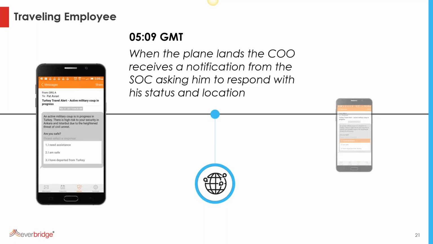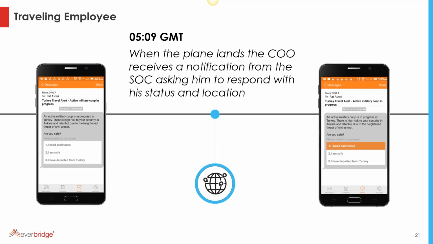Me, as the security operations person, I'll be able to send a notification to my COO and ask if they need any assistance. Let them know that there is a coup happening. Do you need any assistance? And they can respond back by picking their response.